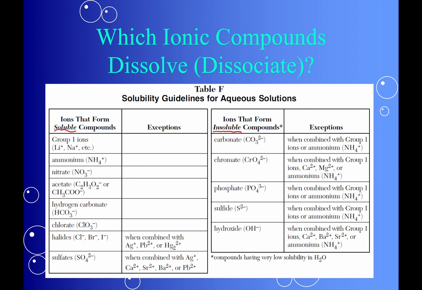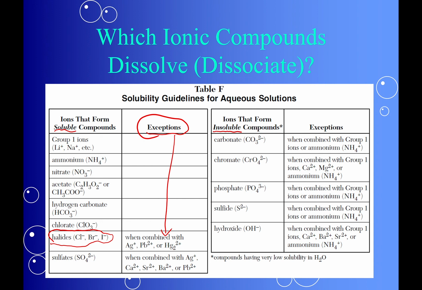So for example, halides, our group 17 elements, will form soluble compounds. So if we combine chlorine, bromine, iodine, fluorine, any of these with another ion, another cation, then they would form a soluble compound, except when a halide is combined with one of these three: silver, lead 2+, or mercury.